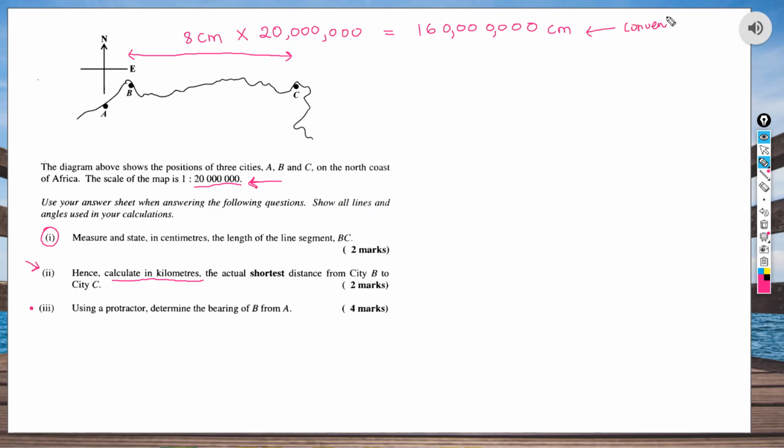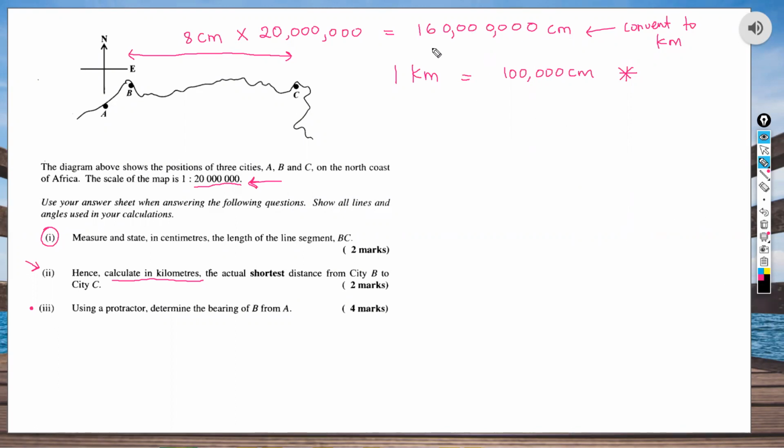So convert to kilometers. Now I gave you all this formula last term. 1 kilometer is 100,000 centimeters. I would advise that you learn that off. If you walk 1 kilometer, that's the same thing as walking 100,000 centimeters. So to convert this to kilometers, guess what you have to do now?